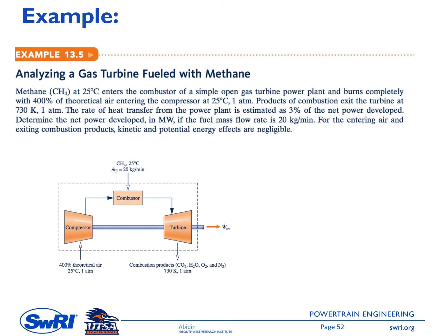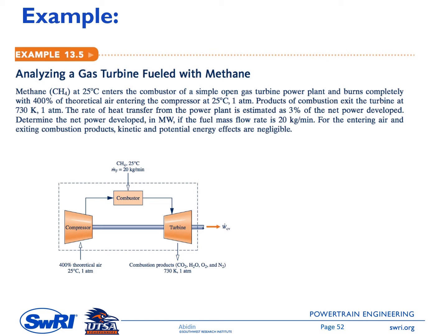Next example is to analyze a gas turbine fueled with methane. So in this problem, we have methane, or CH4, at 25 degrees C entering the combustor of a simple open gas turbine power plant and burning completely with 400% of theoretical air entering the compressor at 25 degrees C, 1 atmosphere. Product of combustion exits the turbine at 730 Kelvin, 1 atmosphere.